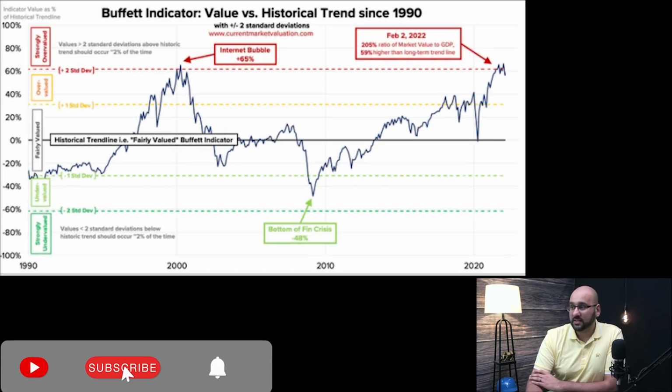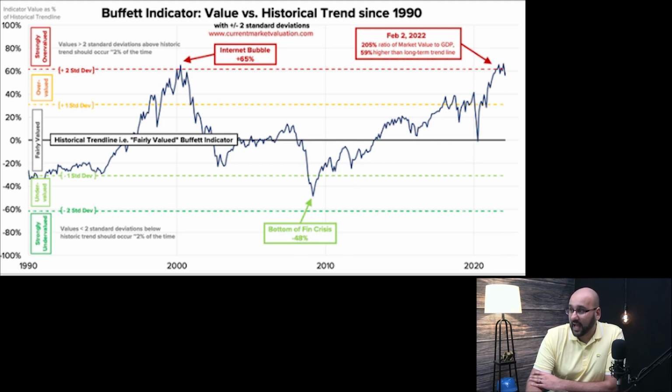The Buffett indicator is suggesting the same thing, that the stock market is substantially overvalued. The internet bubble was 2 standard deviations away from the historical trend line of what is considered fairly valued for the market, and as of February 2nd, we're nearing that 2 standard deviation area once again.